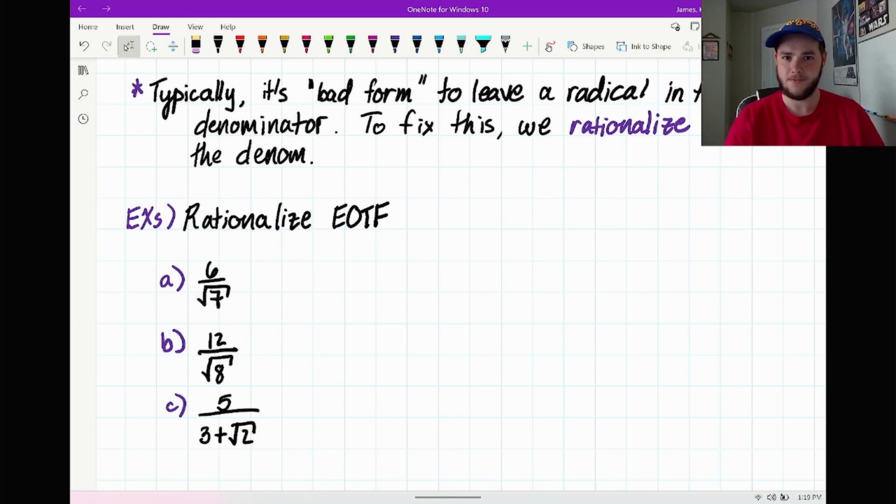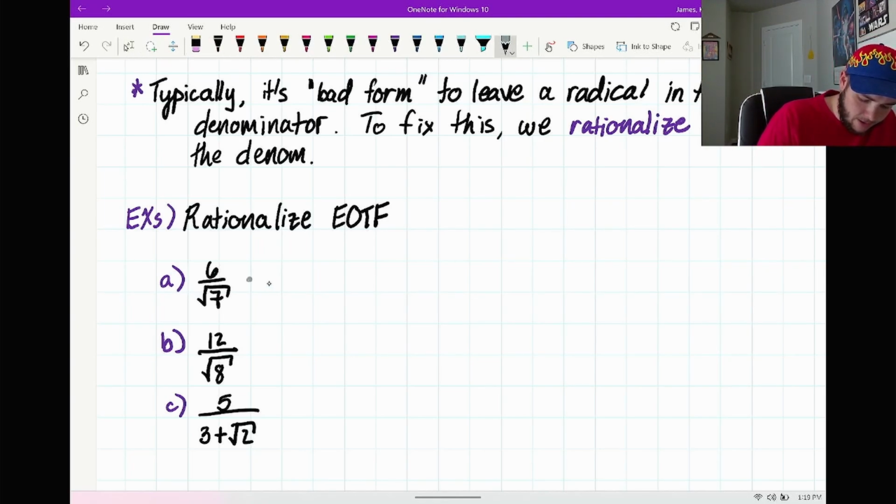Well, the square, right? It's the inverse operation to the square. So if I take the square of this thing at the bottom, in other words, if I multiply top and bottom by the denominator, I'm going to cancel that radical in the denominator, right?